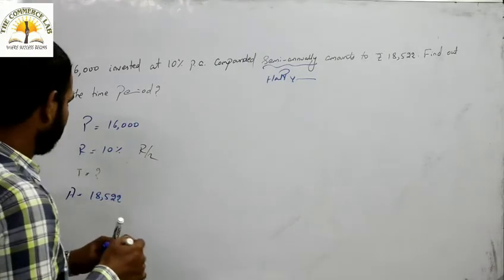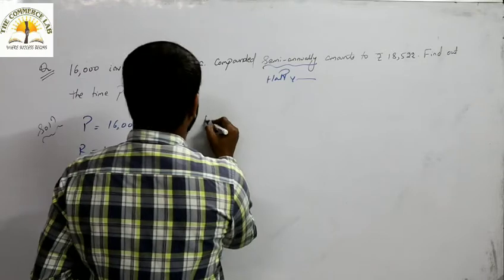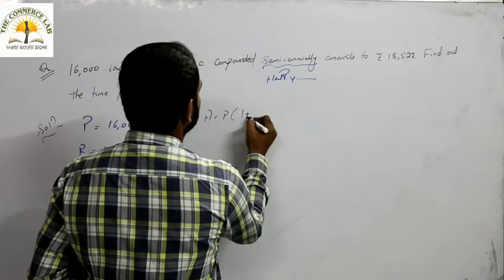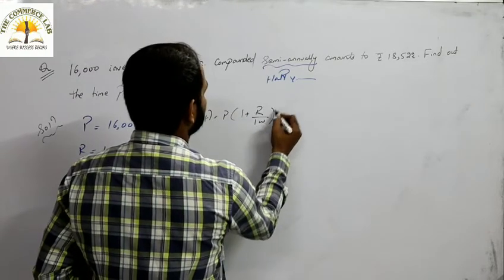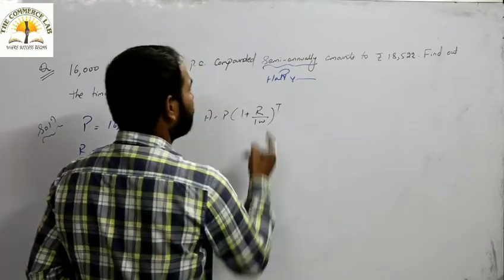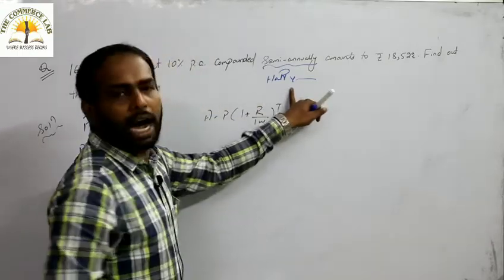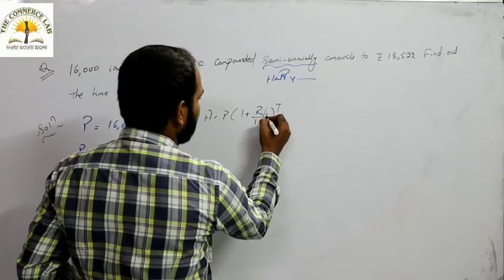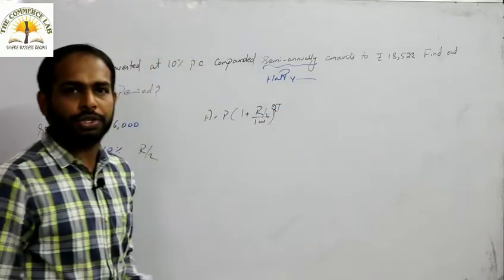And again, amount is given, 18,522 rupees. So amount A equal to P into 1 plus R by 100 to the power T. But though it is calculated on a half yearly basis, R becomes R by 2, T becomes 2T.